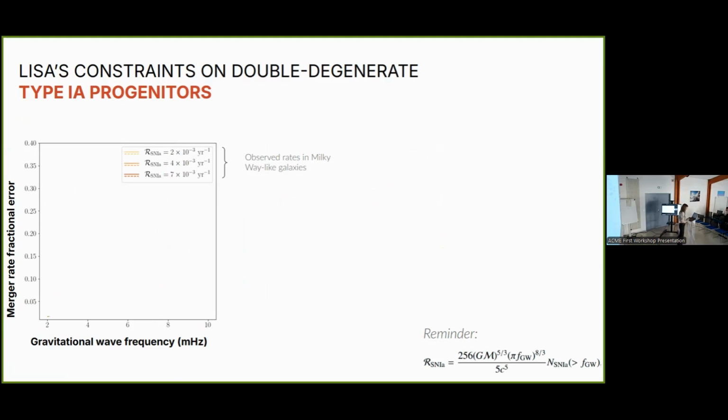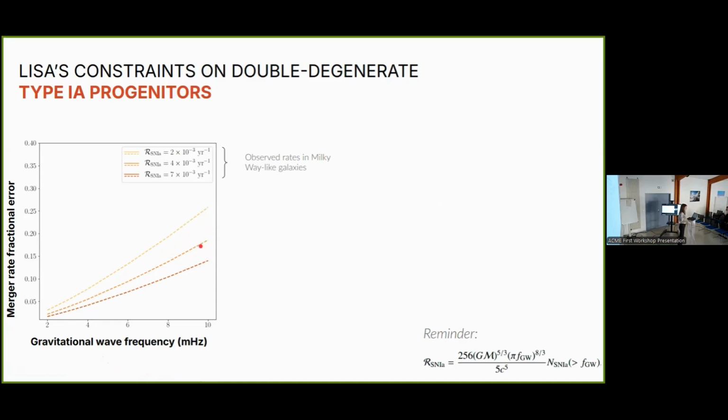And this is just as a reminder, here you see the formula that underlies this calculation. If we consider only the Poissonian error on the count of how many binaries LISA will see, this is how the merger rate error will go. We have fewer binaries at higher frequencies, and so our errors there are larger.